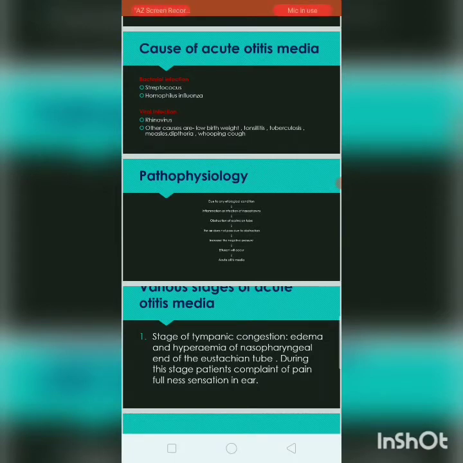Then we will see the pathophysiology of acute otitis media. Due to any etiological condition, here the etiological factors are bacteria or virus, such as Haemophilus influenza or Streptococcus, it leads to inflammation or infection of the nasopharynx.